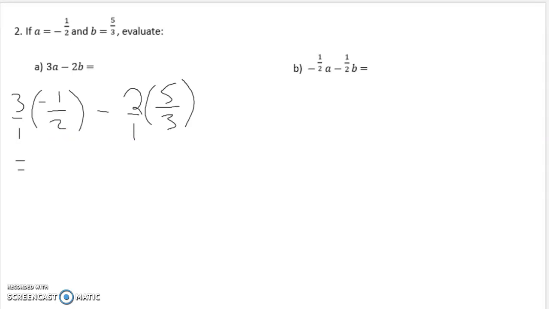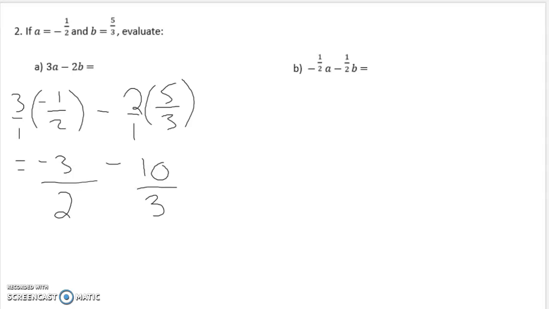Okay, so the first one, 3 times -1 gives us -3. And then 1 times 2 gives us 2. And then over here, we can put subtract. And then we have 2 times 5, which gives us 10. And then 1 times 3 gives us 3.